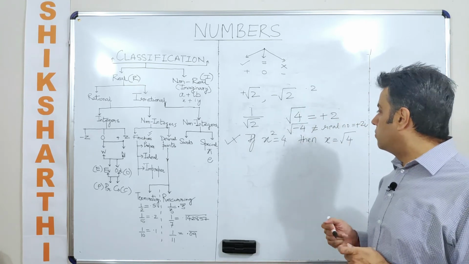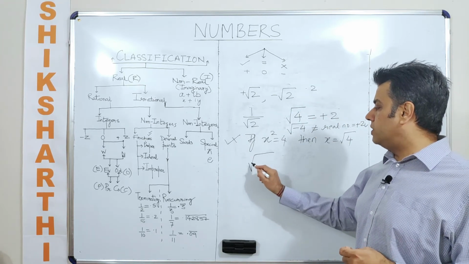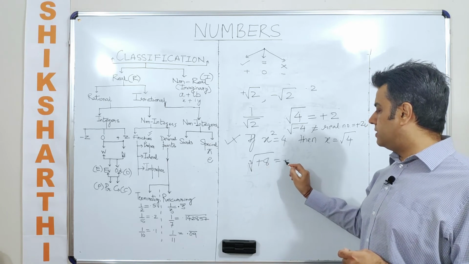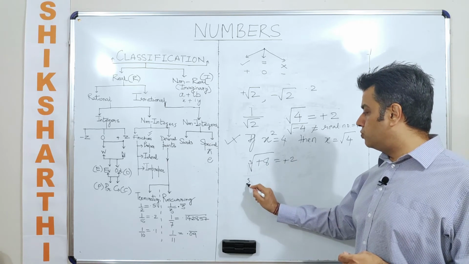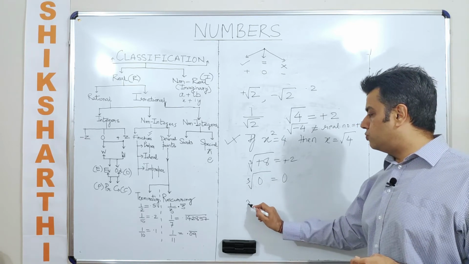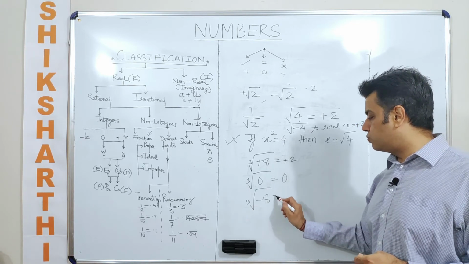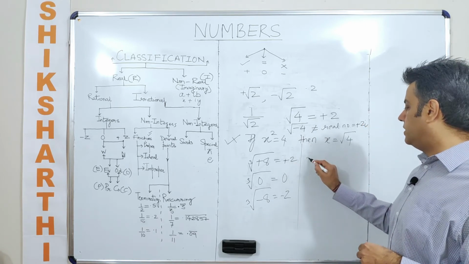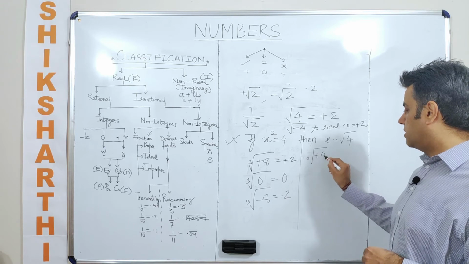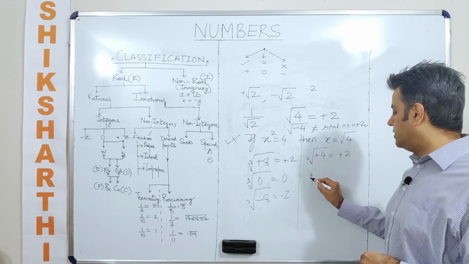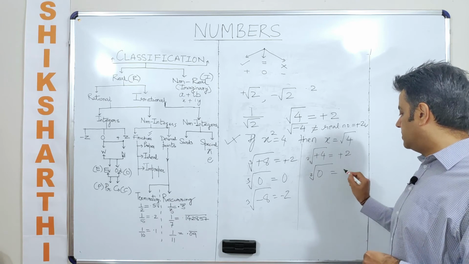Right? Okay. At the same time, if I am calculating the cube root of plus 8, how much is this? Plus 2. How much is cube root of 0? 0. How much is cube root of minus 8? Minus 2. Let me draw an analogy here. If I am calculating the square root of plus 4, how much is this? Plus 2. If I am calculating the square root of 0, it is 0.